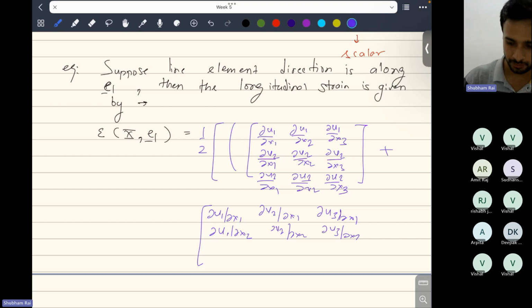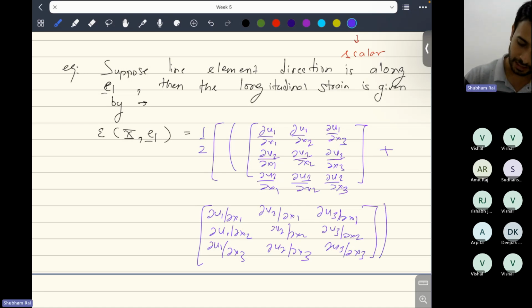And third row will be del u1 by del x3, del u2 by del x3, and del u3 by del x3. So this is the transpose of gradient of u. So you have half of gradient of u plus gradient u transpose.